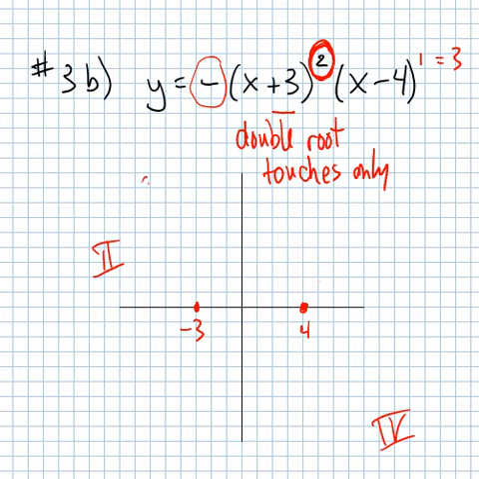So I know I'm starting up here. I know I'm ending down here, just like y equals negative x cubed. So I'm going to start my line. I'm going to just touch on x equals negative 3, and then cross at x equals 4, and end up down there somewhere.